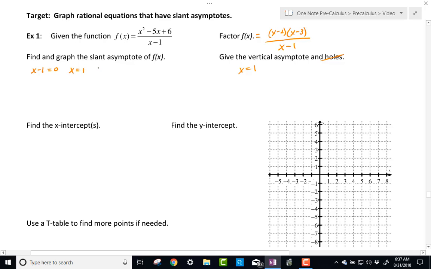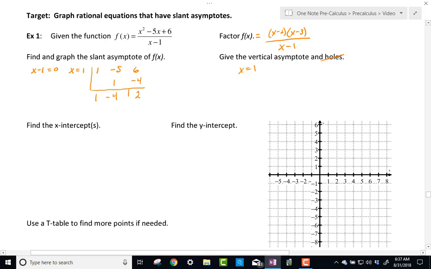List my coefficients: 1, negative 5, positive 6, and my remainder. So drop down the 1. 1 times 1 is 1. Add them up down the column, you get negative 4. 1 times negative 4 is negative 4, and I get a remainder of 2.